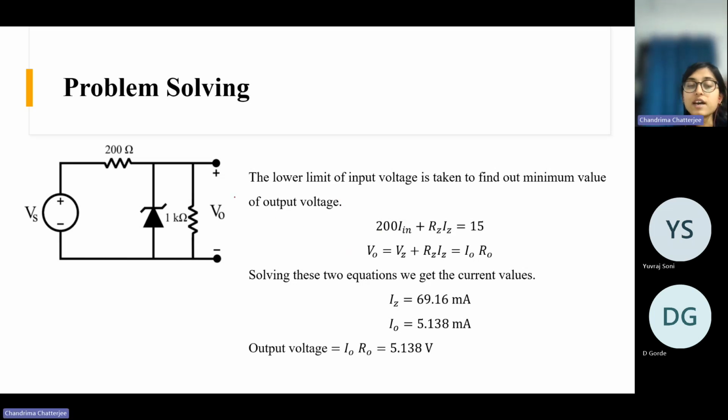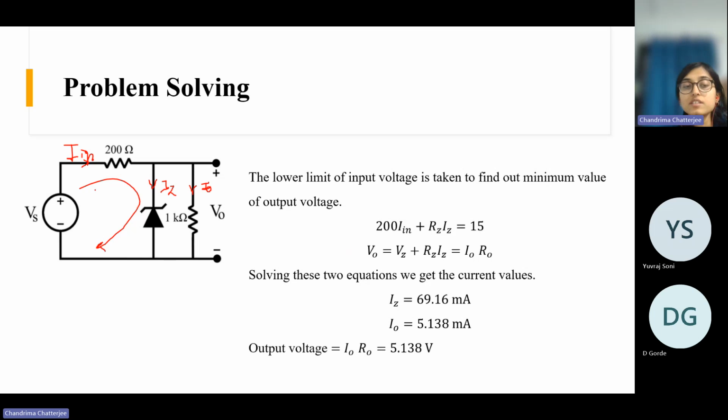Here I have taken two loops. This is the first loop. Suppose this is the input current I in. I in has two parts, IZ and I naught, the load current.